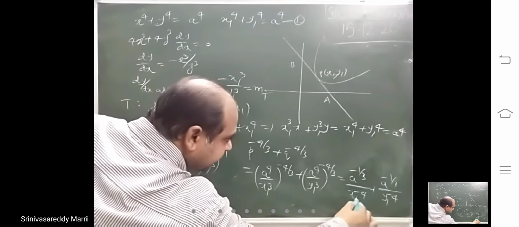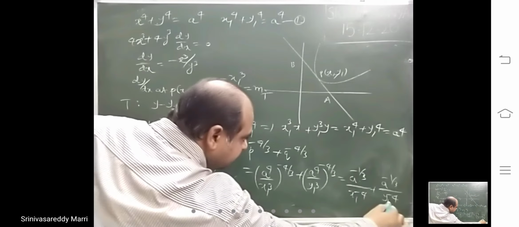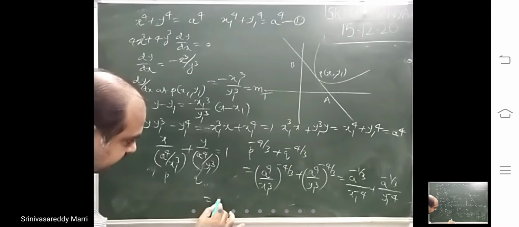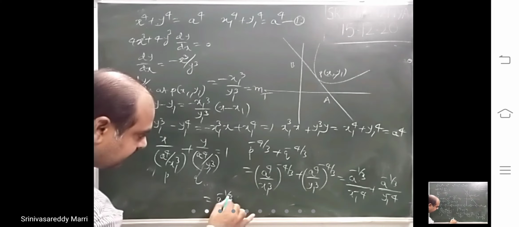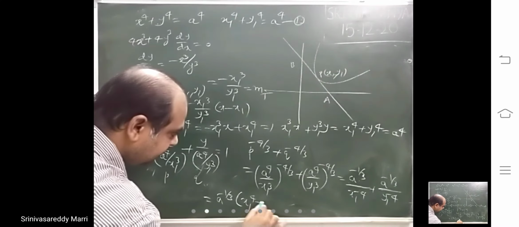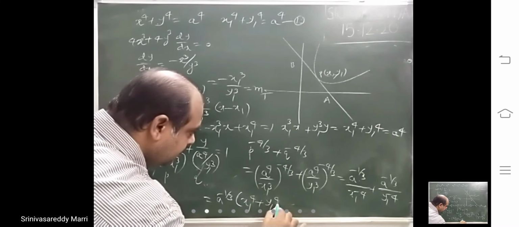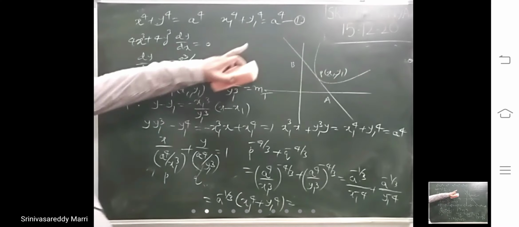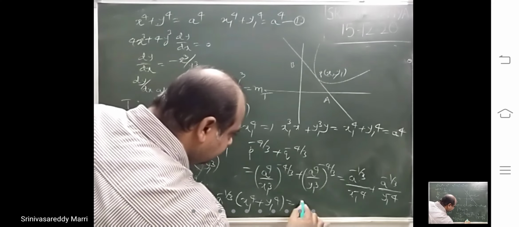That means if it comes up, it will become x1 to the power 4, y1 to the power 4. You take a power minus 1 by 3 common. So x1 to the power 4. So from first one, a power 4.